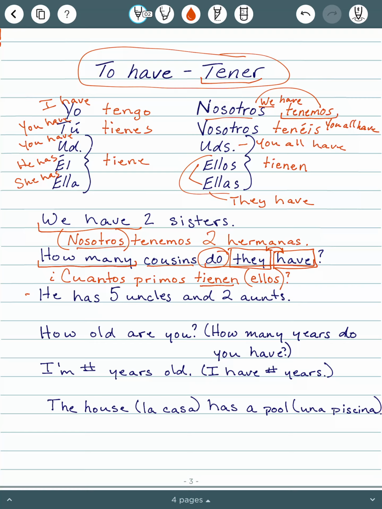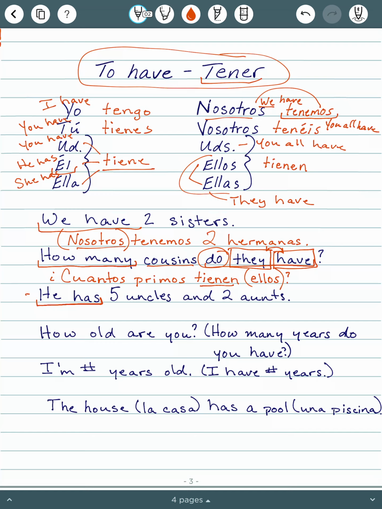He has 5 uncles and 2 aunts. So he is él. Now with tiene, there are 3 different options for pronouns. So you still don't have to say the pronoun if you know who you're talking about. That's already been established. Then you really don't need it. It's not necessary.